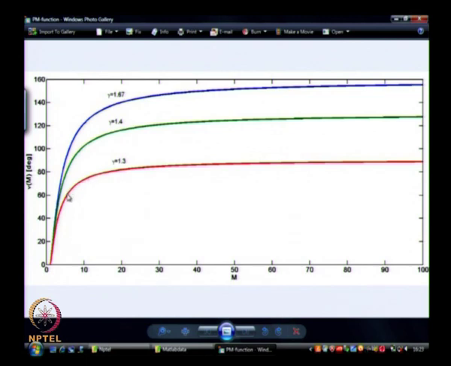The same thing if I have to do from gamma 1.67 and say I am going from 5 to 10, it has to start somewhere around 95 degrees all the way up to 125 degrees, rough estimate.